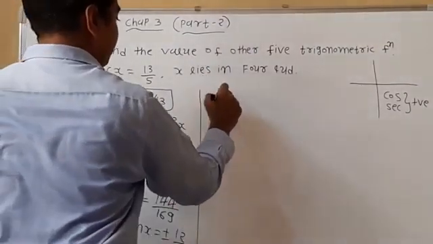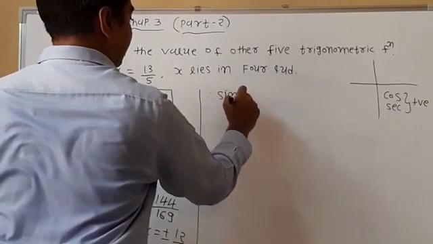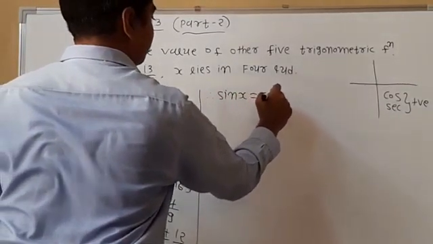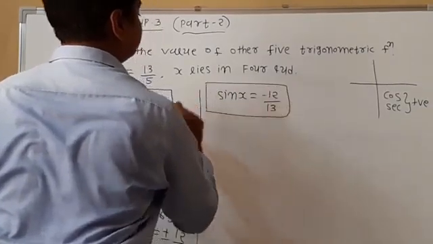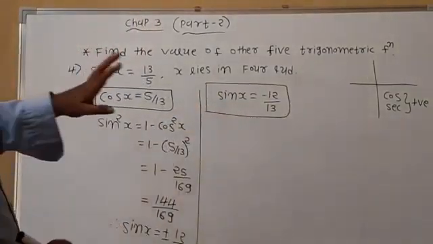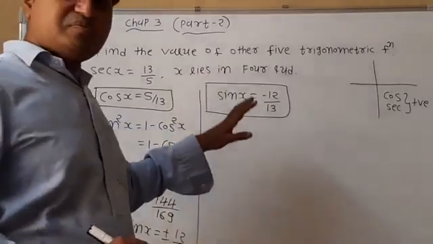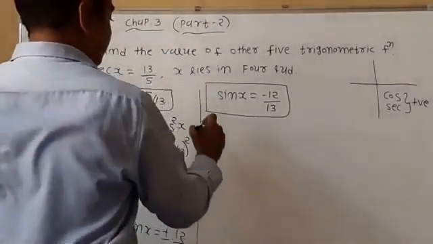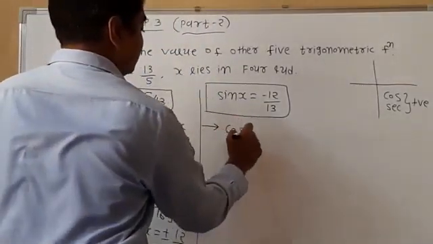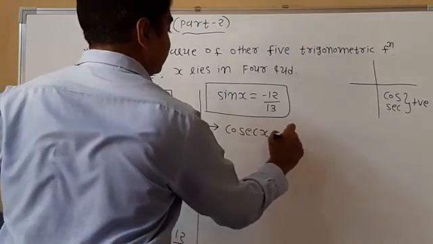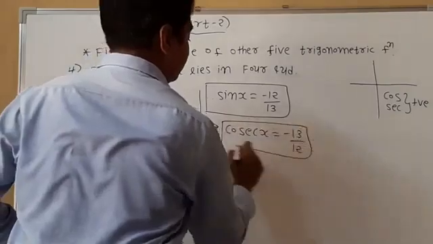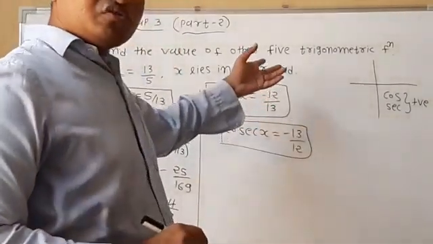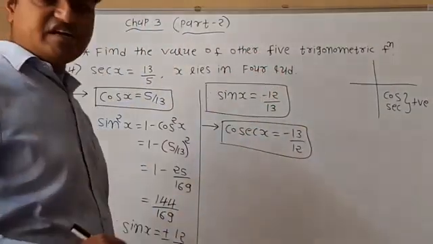So that's why we write sin x is equal to minus 12 by 13. Now after using sin x, find the value of cosec x. So cosec x is equal to minus 13 by 12. Written in reverse order, so we get the value of cosec x.